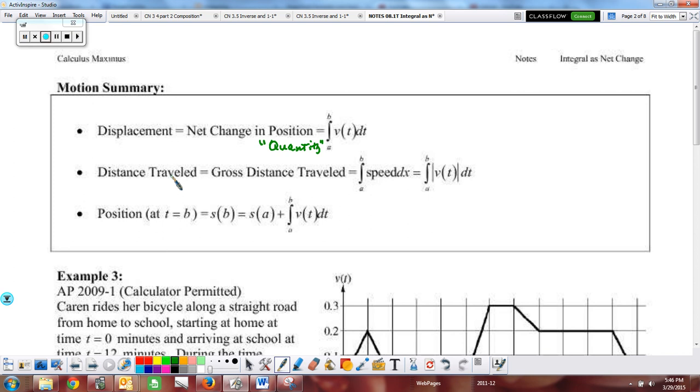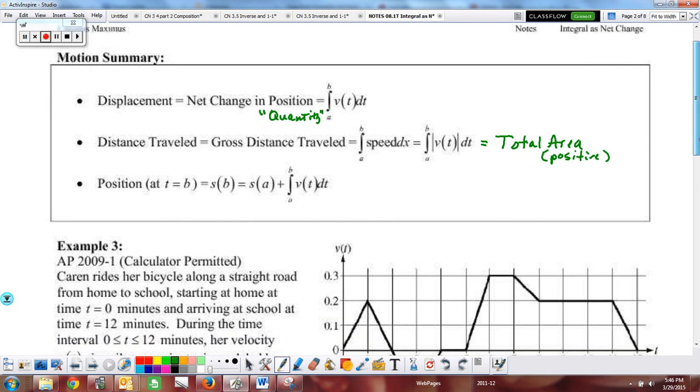Your total distance traveled, gross distance traveled, you have to look at your speed, but remember your speed is the absolute value of your velocity. This is, hey, you have to make all the areas positive. It's all the positive areas. So this equals your total area. Okay, total area. And again, I'm going to stress that's all positive, whether it's above or below.